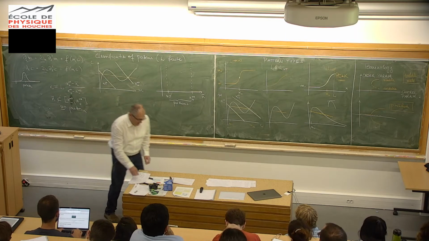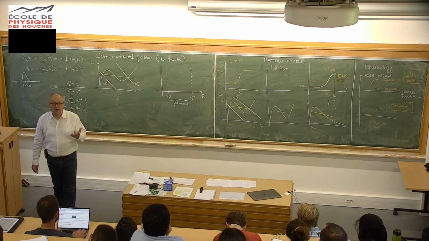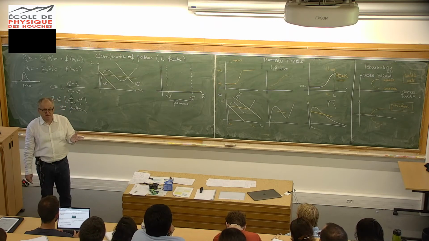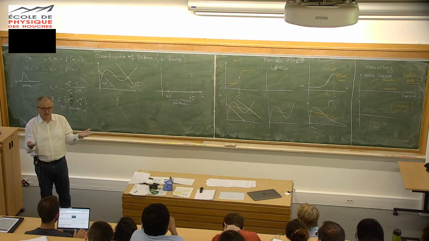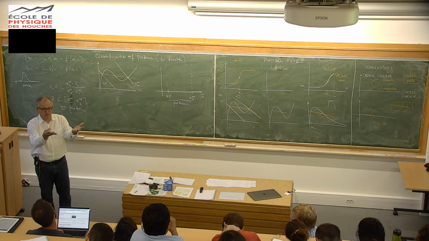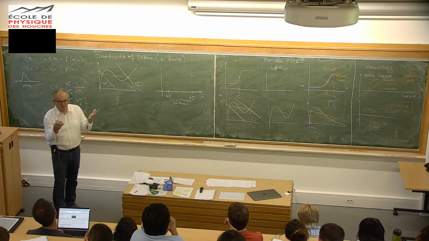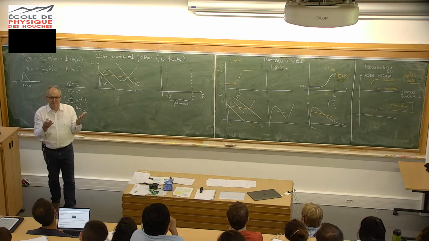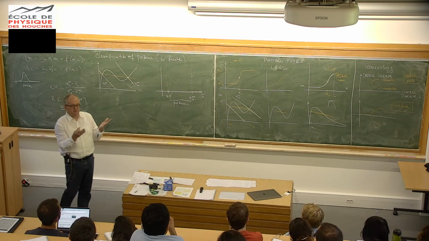Now you can ask yourself, what is the regime where you have spontaneous formation of patterns? Spontaneous means you have an initial homogeneous steady state, you add some small fluctuations, and ask when do they grow? Okay, well, what's the criterion for that? What's the criterion for lateral instability?